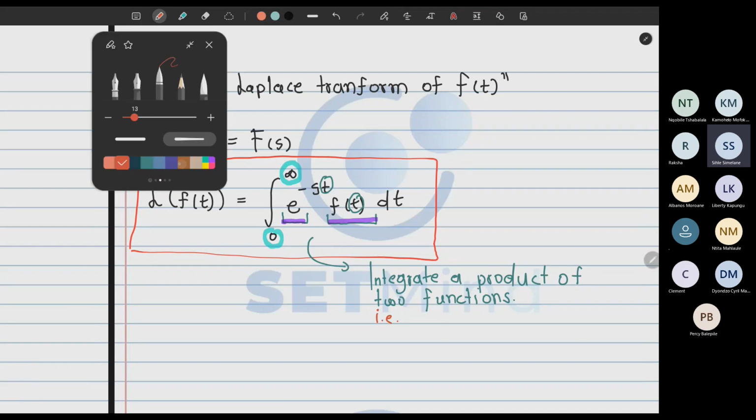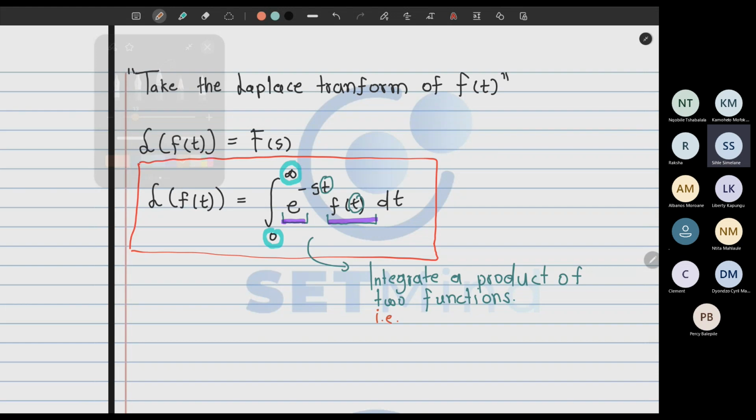So in part, what you need to look at is how do we do integration by parts? So let's note that down. You should ring integration by parts.